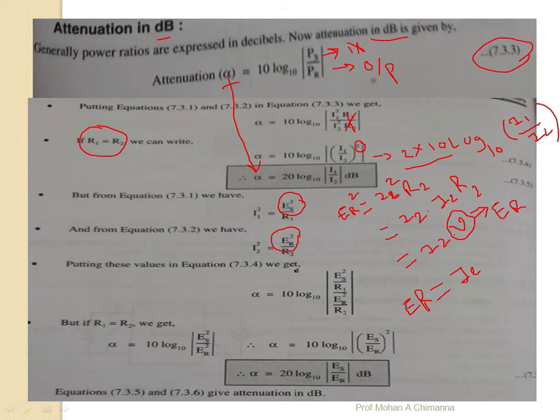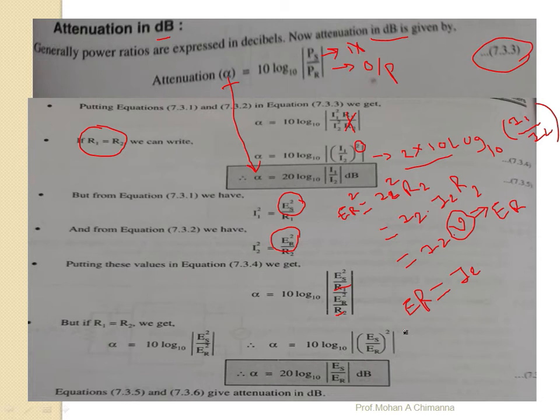The values of R1 and R2 should be the same, so they get cancelled, with R1 in the numerator and R2 in the denominator, and only ES square and ER square remain. Therefore alpha is equal to 10 log to the base 10 of ES square upon ER square.